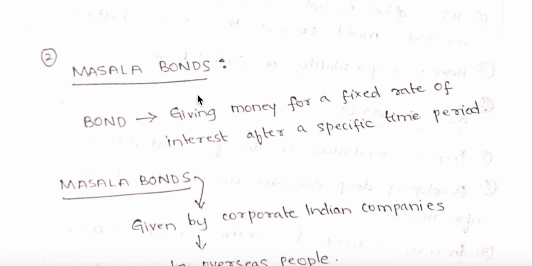Masala bonds: if anybody overseas wants money, India has given permission to Indian corporates to issue rupees as bonds to other countries. I also want to explain the concept of bonds with an example. Think I am Russia.